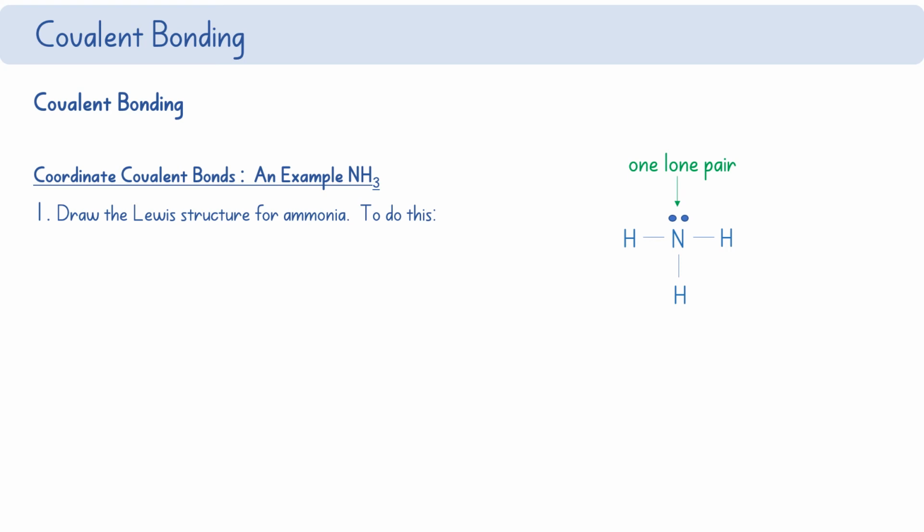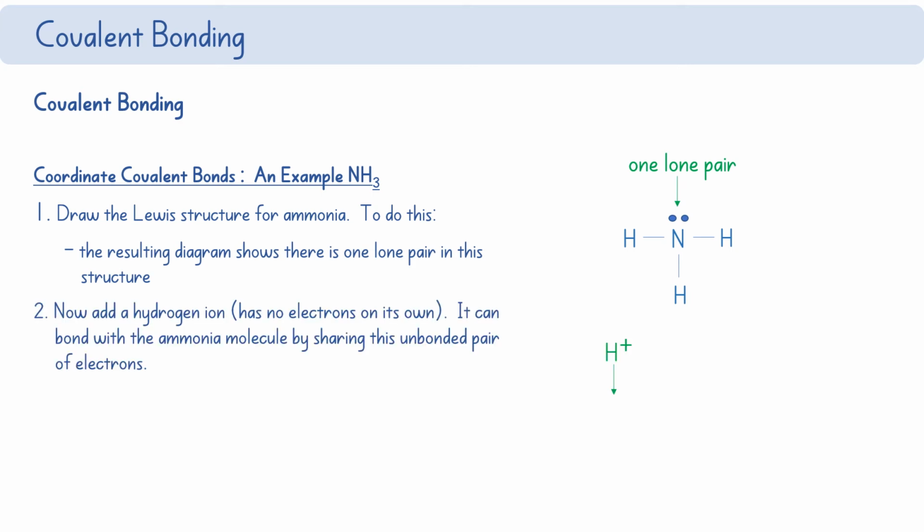Remember, nitrogen has 5 electrons, so 2 at the top, and then 1 to share with each hydrogen. They'll both share 1 electron at the left side, right side, and bottom. So the resulting diagram shows there is one lone pair in this structure.